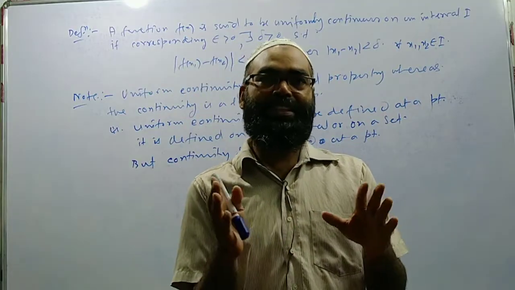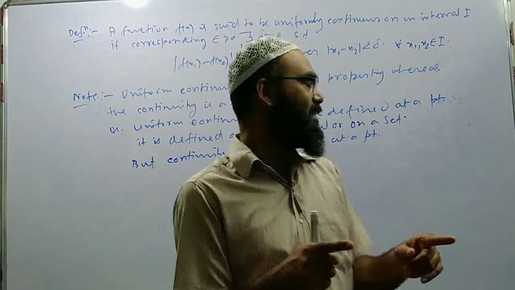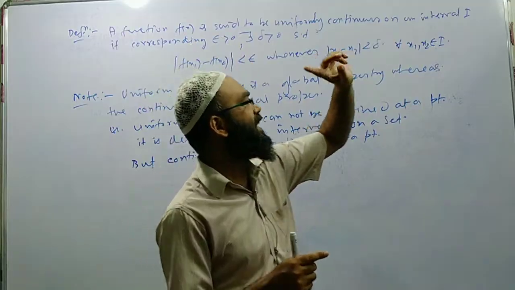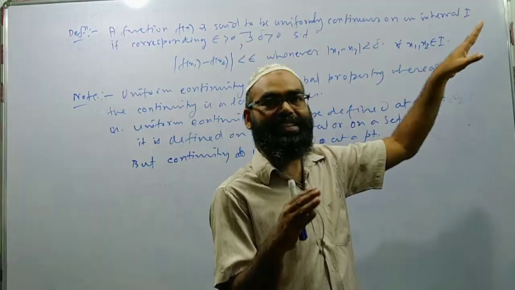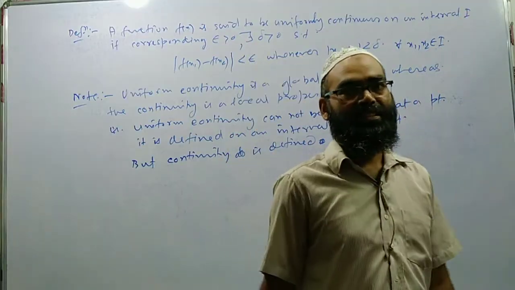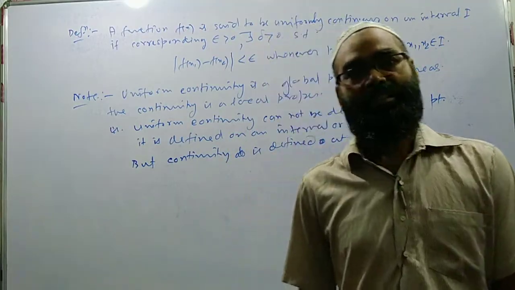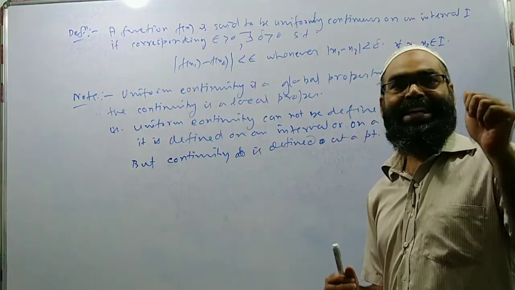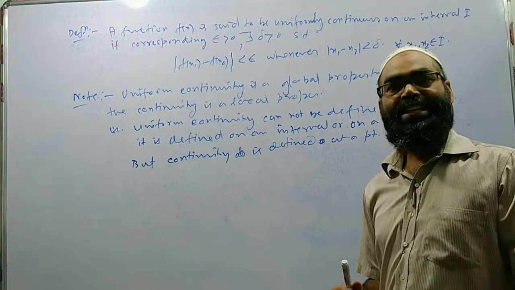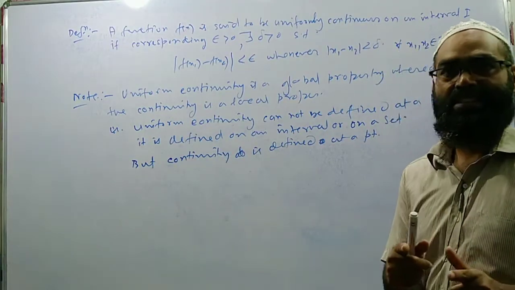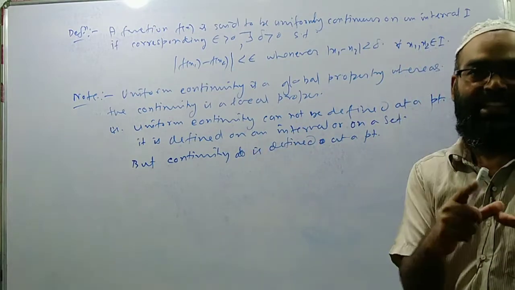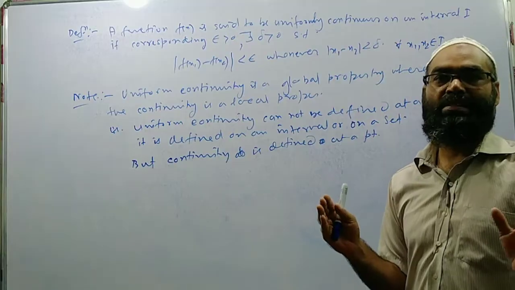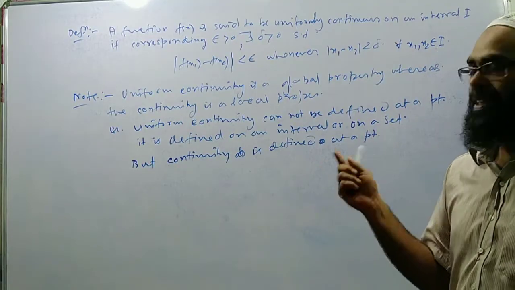If f(x) is continuous at every point of the interval I, then we say that f(x) is continuous on I. So continuity can be defined at a point as well as on a set, but uniform continuity is defined only on a set. It cannot be defined at a point.